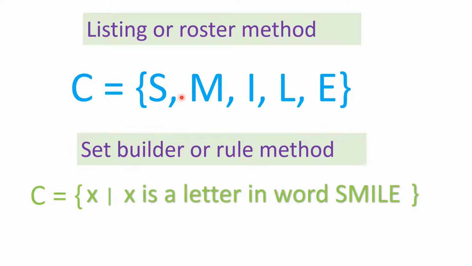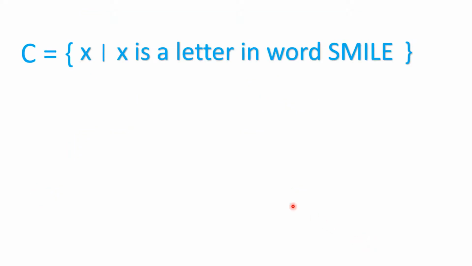What is the difference? In listing method, we write all the elements of the set. In set builder form, we write only the rule which defines the membership of the set. And how do we read this? Let us understand that properly. We have written the set in the set builder form, but how do we read it?